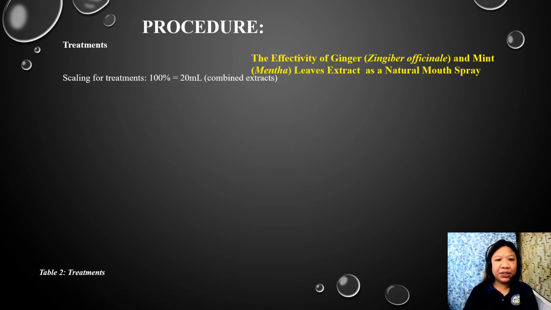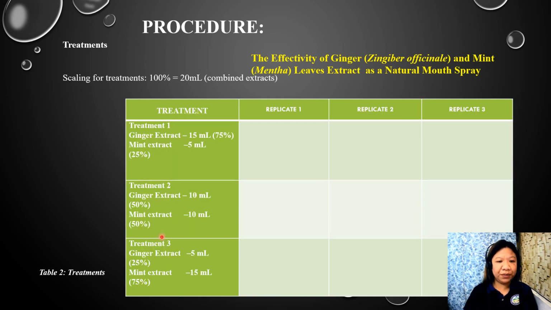The next step is how to prepare your treatments. Okay, so let's say the extract that you will be using is about 20 ml all in all. So scaling for the treatments, 100% is equivalent to 20 ml combined extract. So let's say you have your treatments 1, 2, and 3.